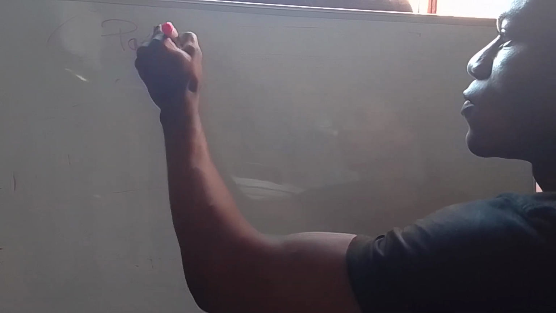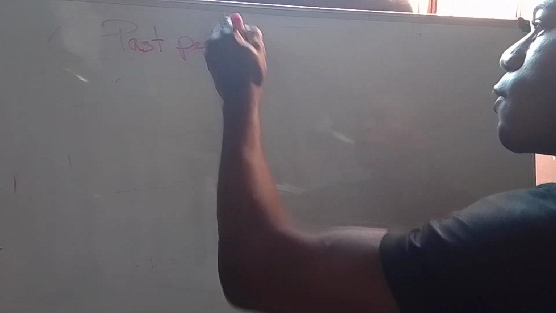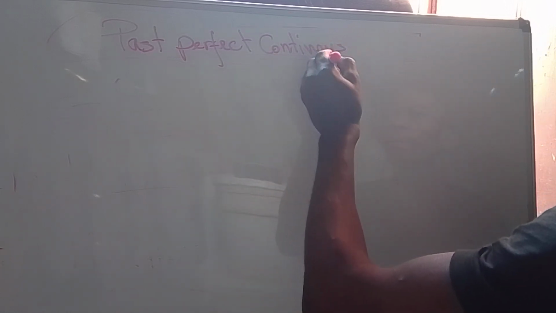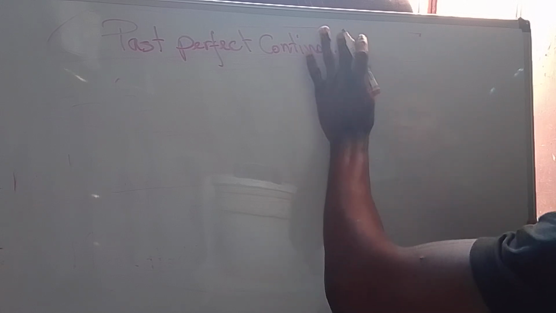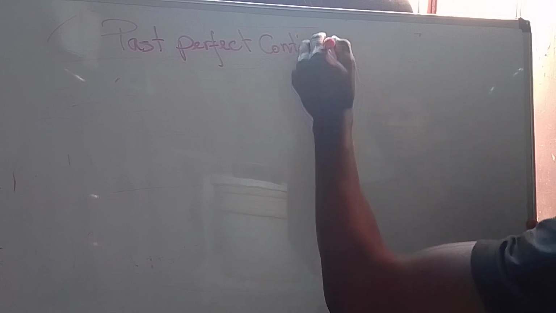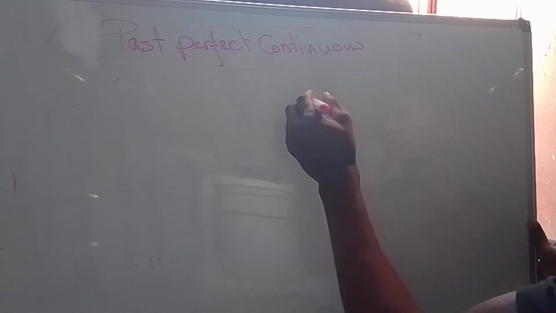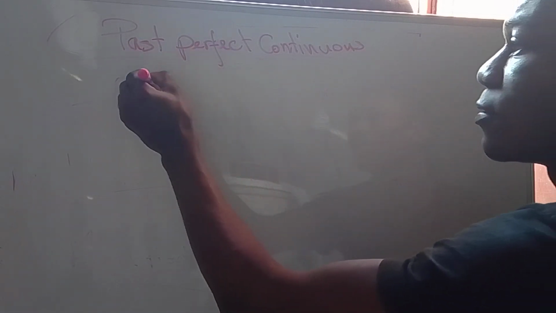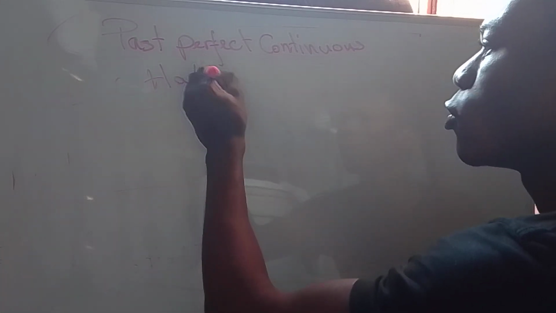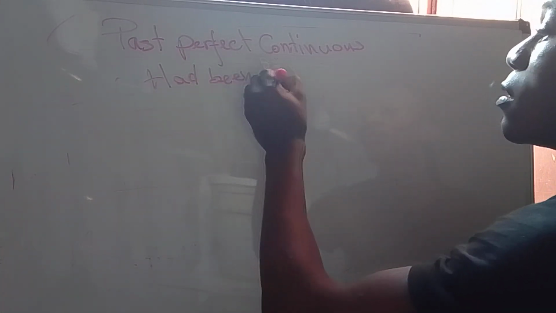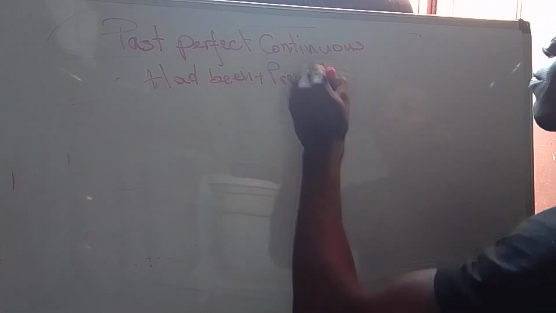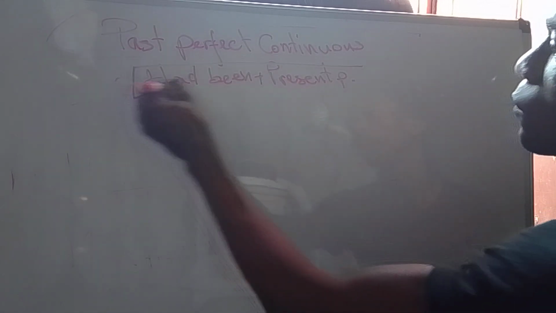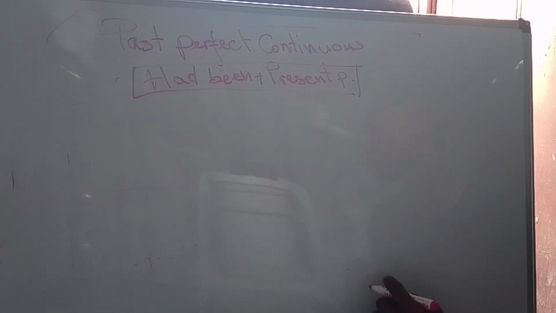Past perfect continuous: had been plus present participle. Okay, present participle.